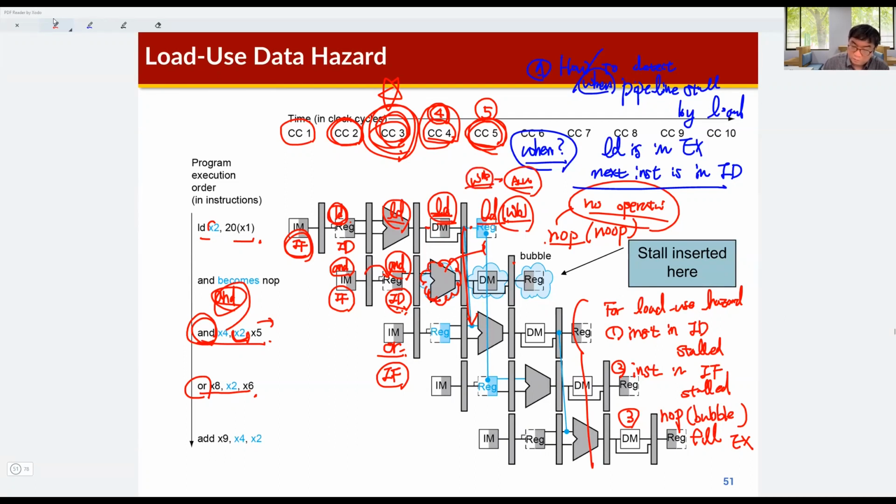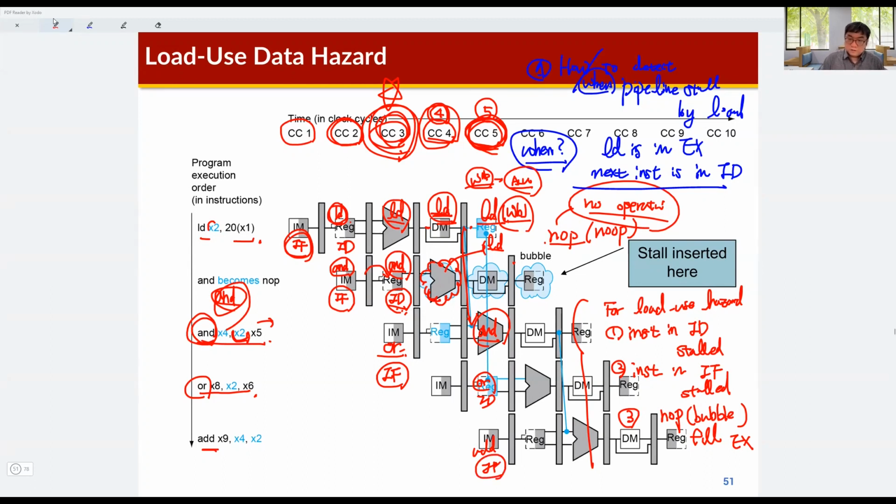So at clock cycle number 5, the load instruction is in the write back stage, the AND instruction is in the EX stage now, the OR instruction is in the ID stage, and the following add instruction is in the instruction fetch stage.